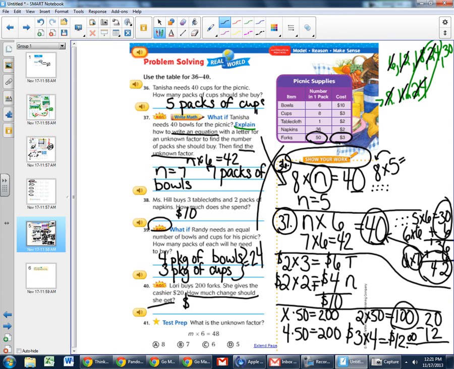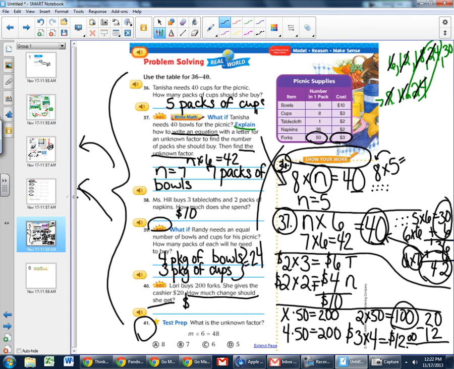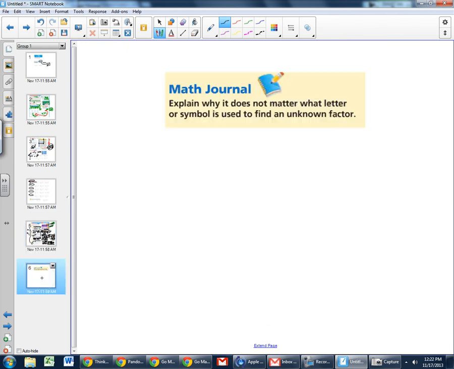And then you're going to test your skills for number 41 with the unknown factor. At this time, you are going to make sure you have this page completed and done. You're going to go back and finish the factors there. And then you are going to move on to your math journal.